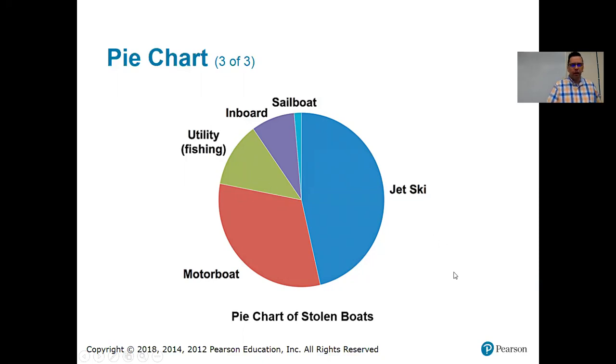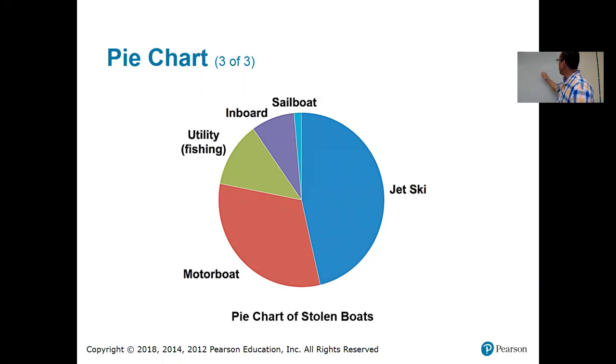When you're making a pie chart, if you have to make one by hand, remember that there are 360 degrees in a circle. So if you notice, for example, that your biggest category takes up 45%, let me do this real quick.